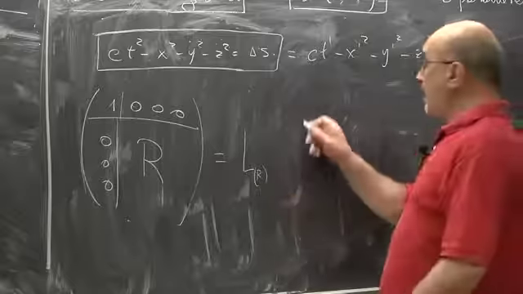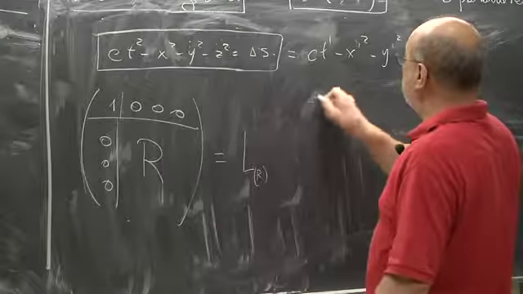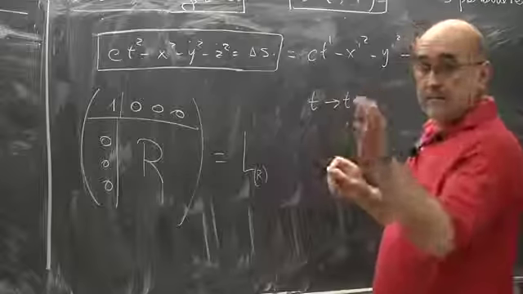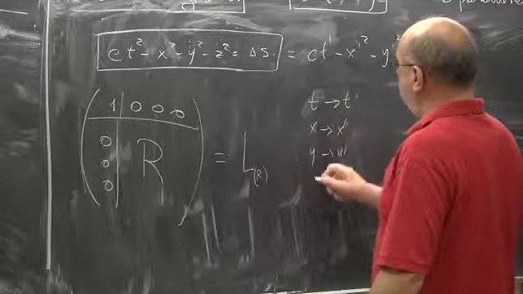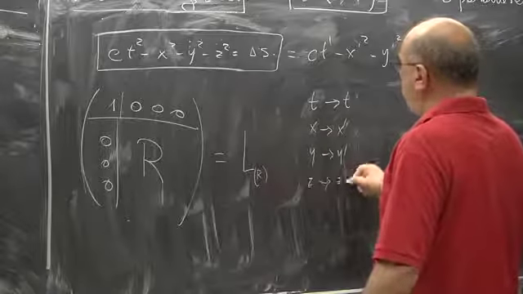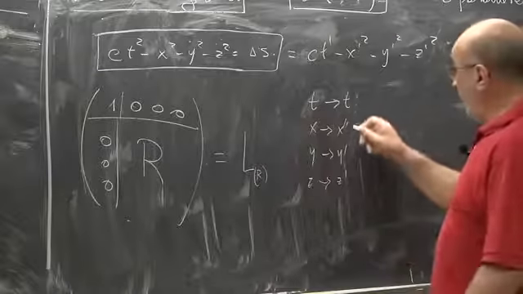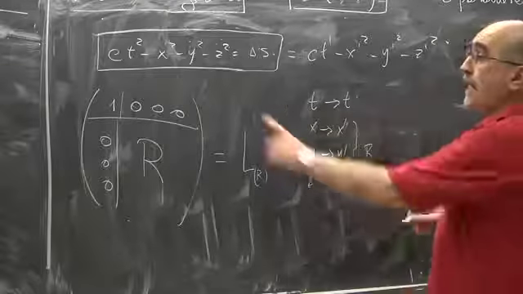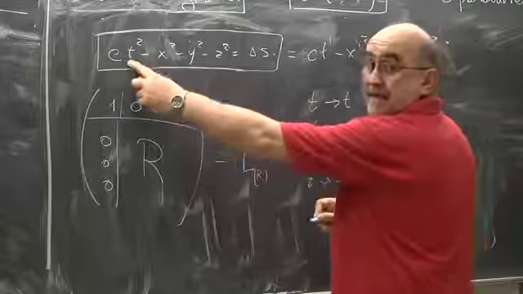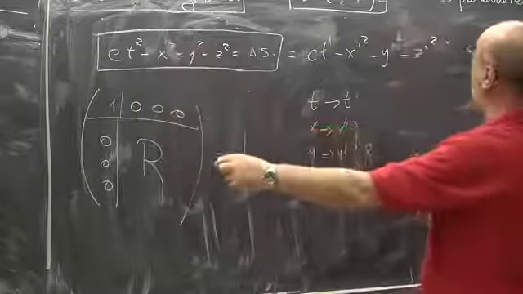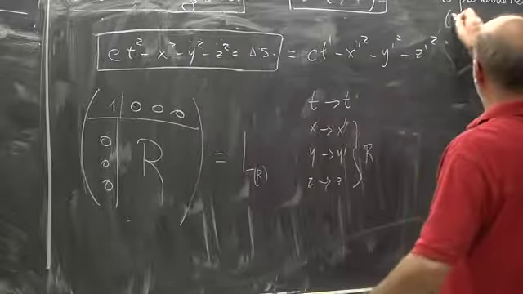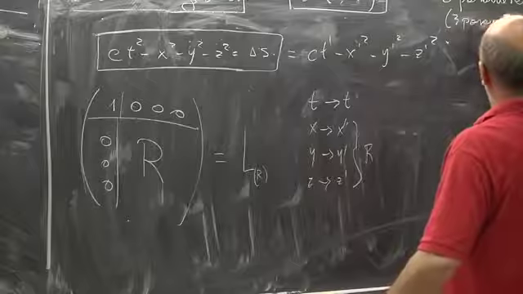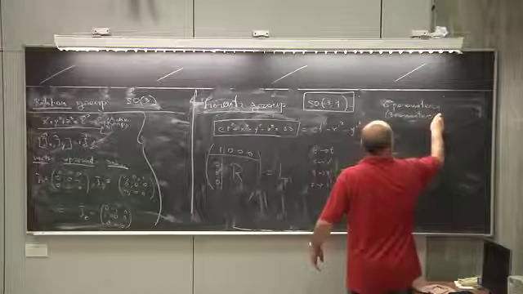What it does, it sends T into T, and it sends x into x prime, y into y prime, z into z prime, by a rotation. Do they keep this invariant? Yes. T is left invariant, and this is left invariant by rotation. So if the Lorentz group is that, here I have already 3 parameters of rotation.